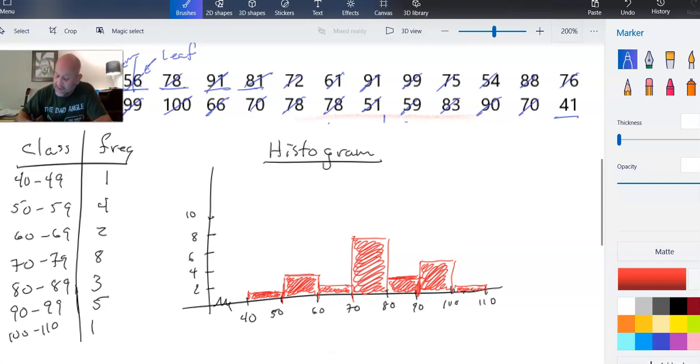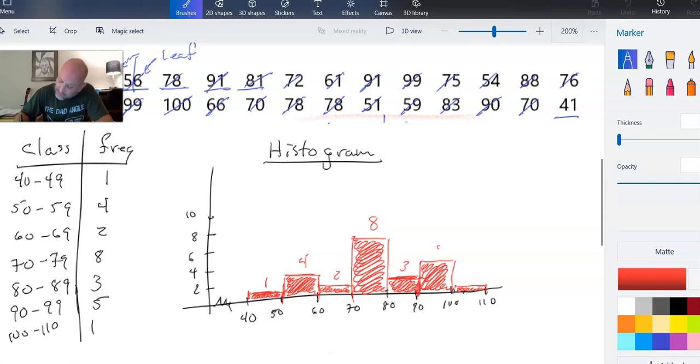Now, the other thing, especially if you have such poor art skills as I do, is that it's going to be really hard to tell how high these things actually are. We can kind of see how big they are relative to each other. But one of the things that often happens when it's hard to tell like this is you put the number of the frequency on top, just so you can tell.